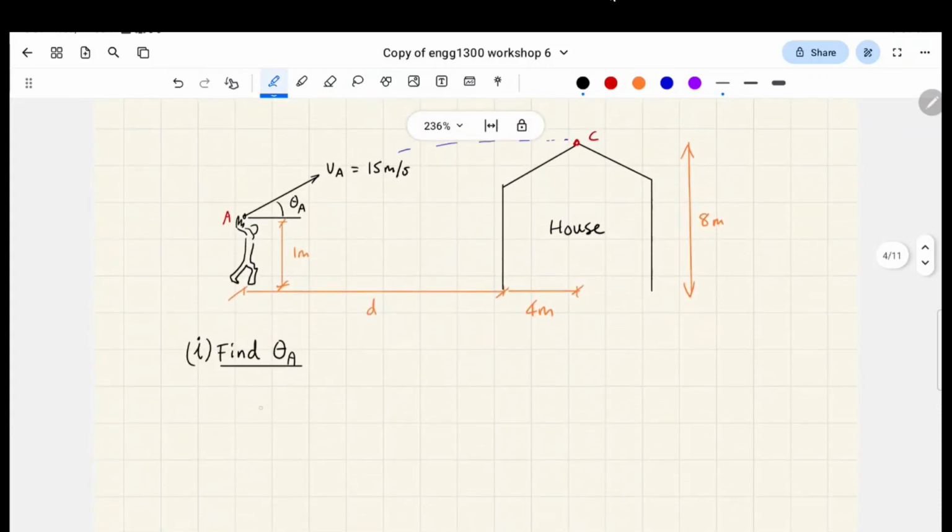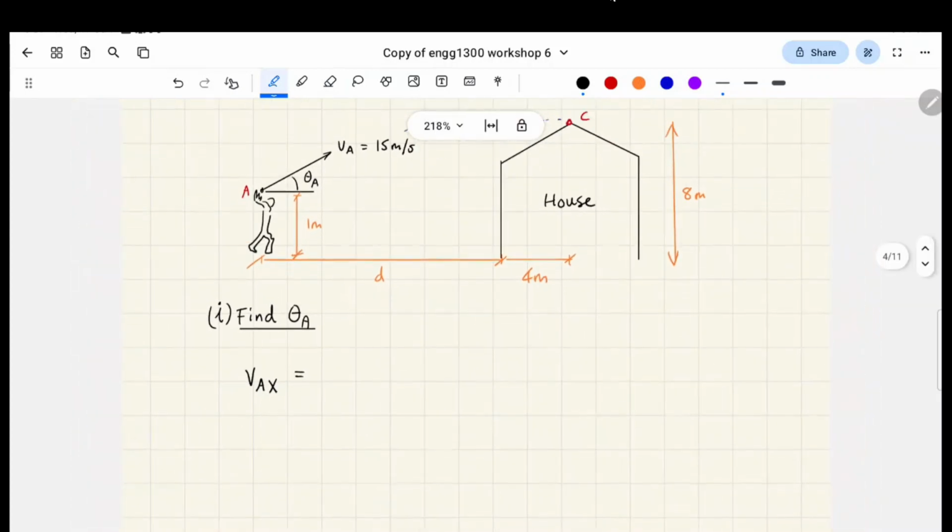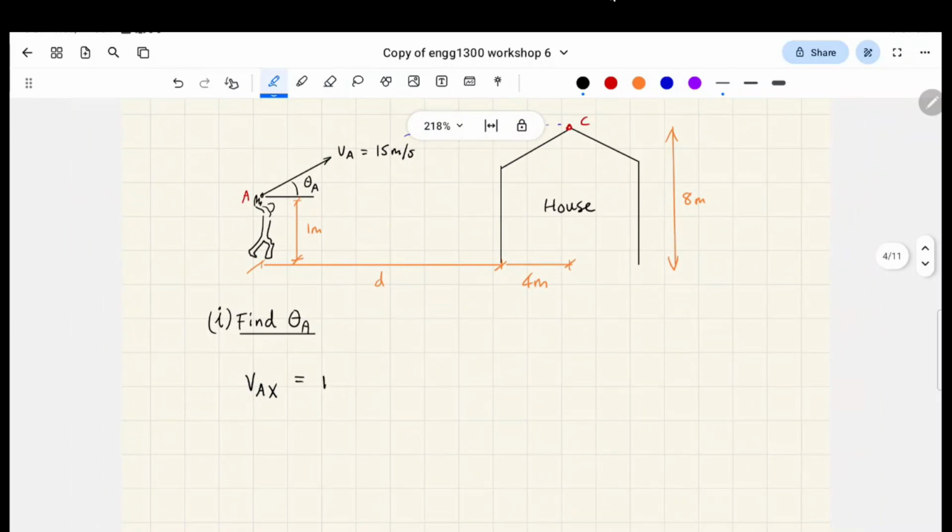Okay, so the first thing I like to do is split up VA. Also, I called it VA0 or something before. Anyway, so the x component of that is going to be that.